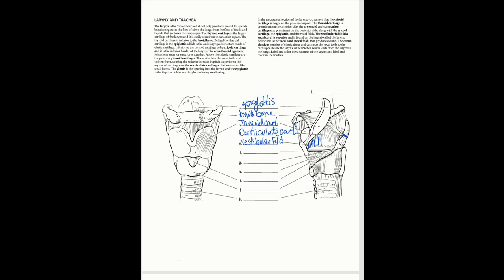And then just below it, at F, we have our vocal fold. And our vocal fold is going to be like our vocal cord. We then have our arytenoid cartilage, which I'm going to color in here.